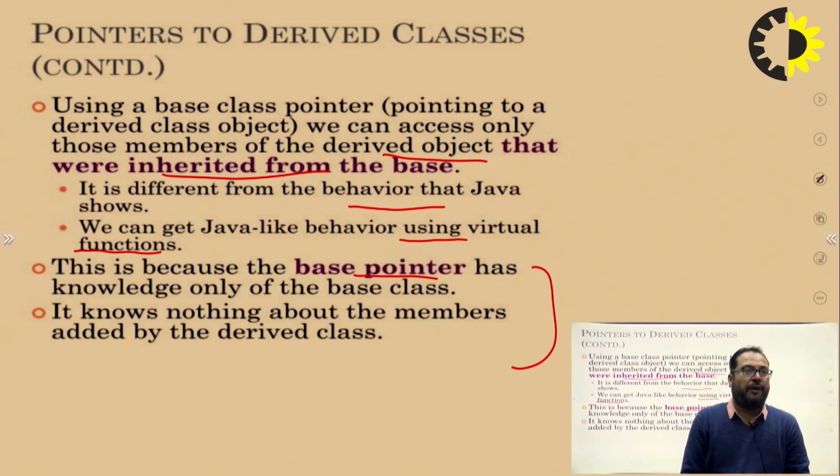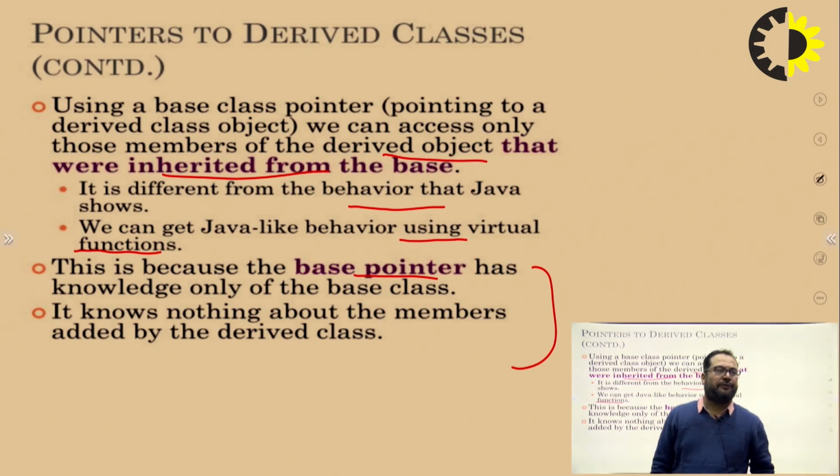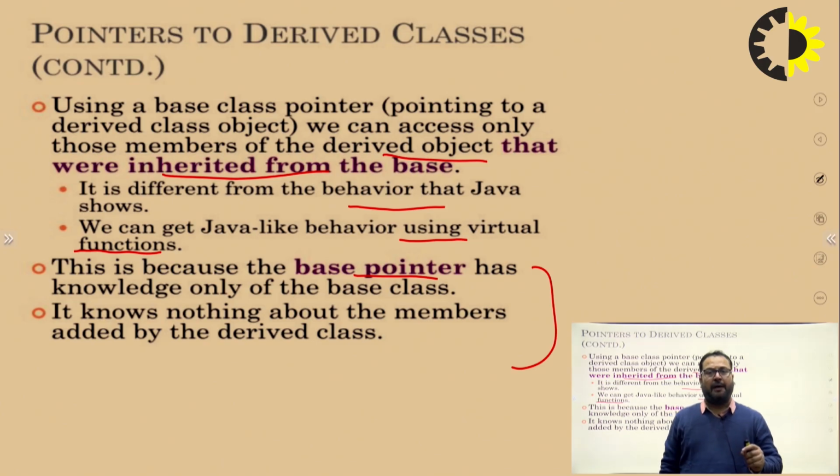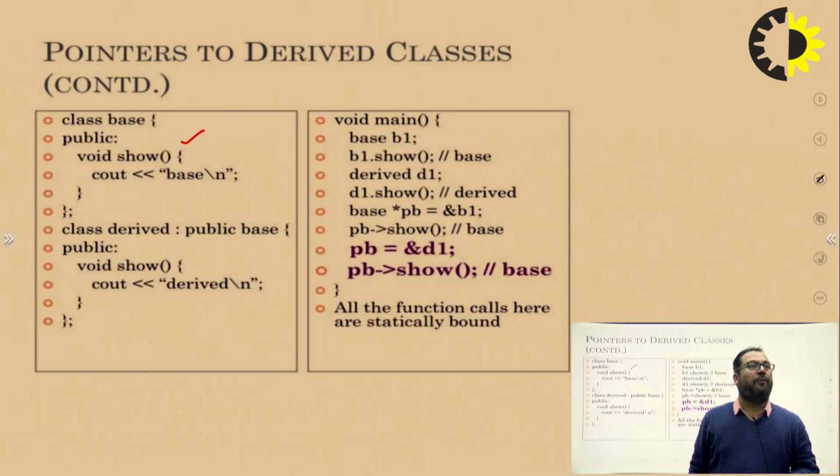But by using the concept of virtual function, we could access even the own members of the derived class by using a pointer to the base class. So see how.